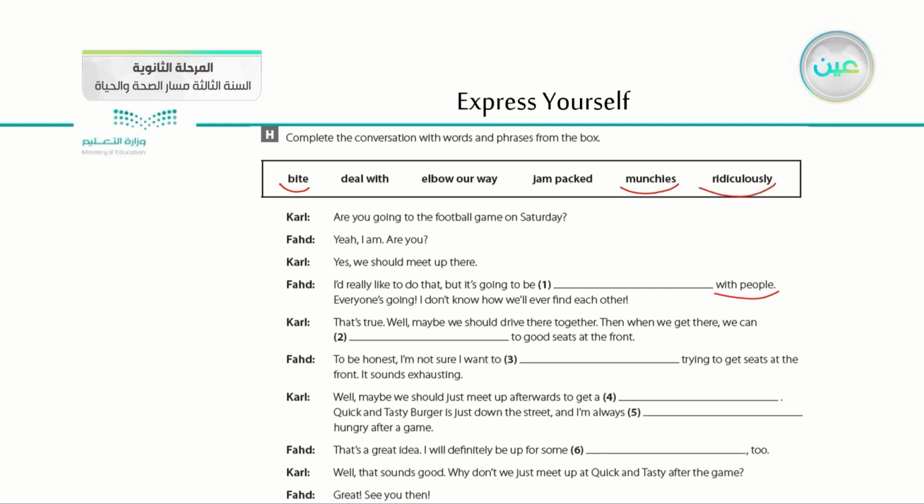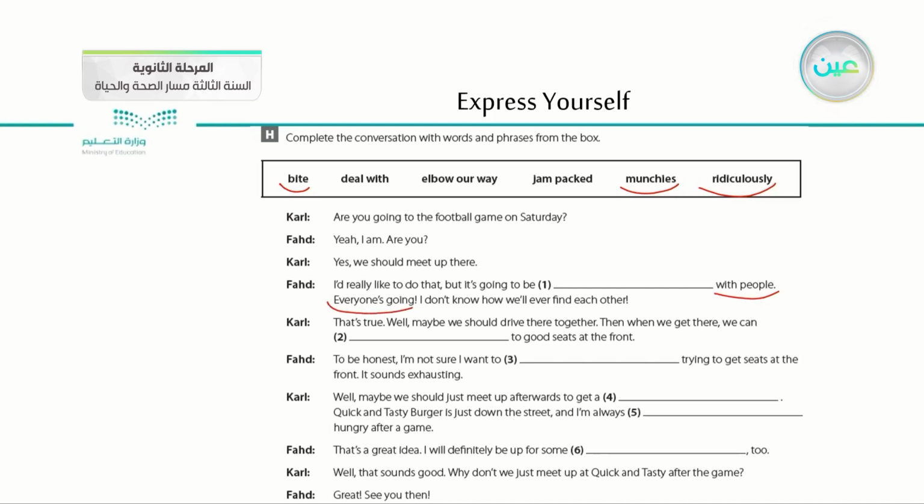All these words are irrelevant to people. So which one is the right answer in your mind? I would really like to do that, but it's going to be with people. Everyone's going. So we are talking here about something where everyone is going.